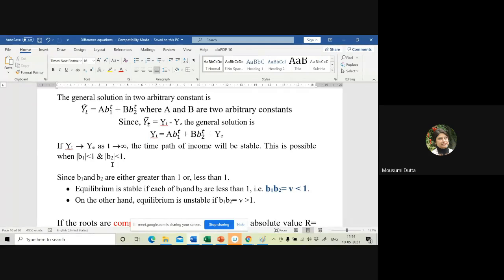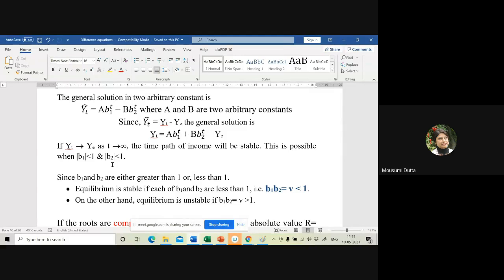So in case of imaginary roots, we will have cyclical movement. This is related to the sine cosine framework and the unit circle framework.